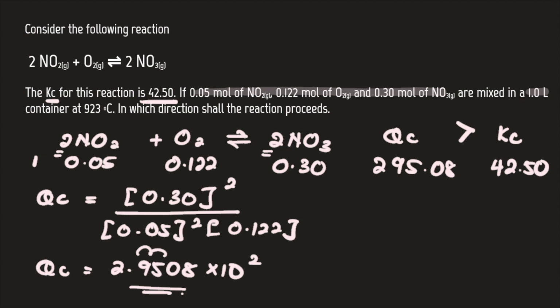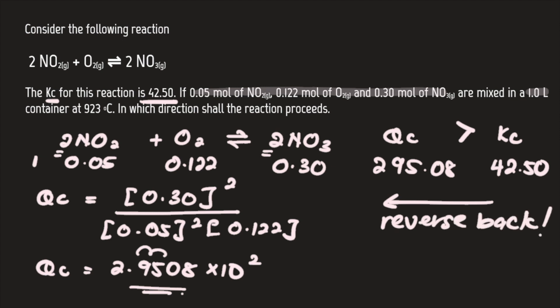So since your Qc is bigger than your Kc, the reaction shall proceed to the left. Means that you have produced too much product, so the reaction will reverse back, because your Qc is actually bigger than your Kc. So this is the final answer for the second question.